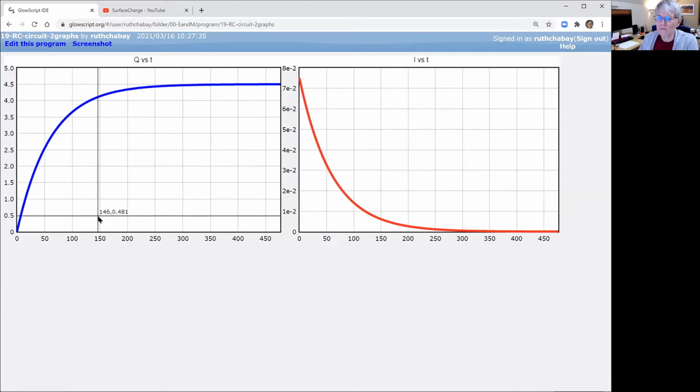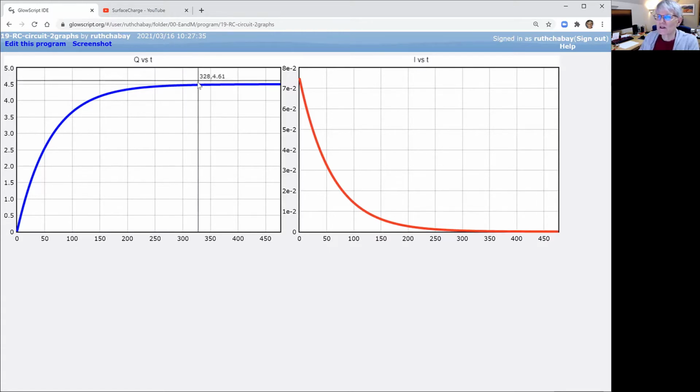And we see that indeed the charge builds up really fast at first, but this is pretty nonlinear, and then as its charge starts to build up, it builds up slower and slower until it finally gets to some value that really doesn't seem to change. And likewise, there's a big current, 0.08 amps in this case, coming down fairly fast to basically 0 in the end.